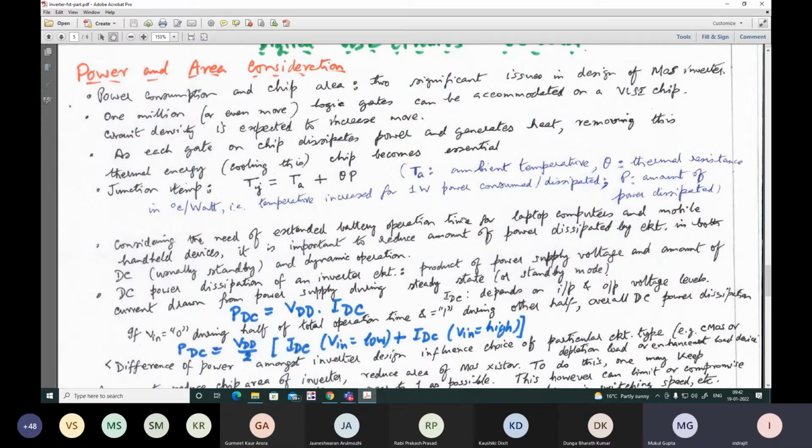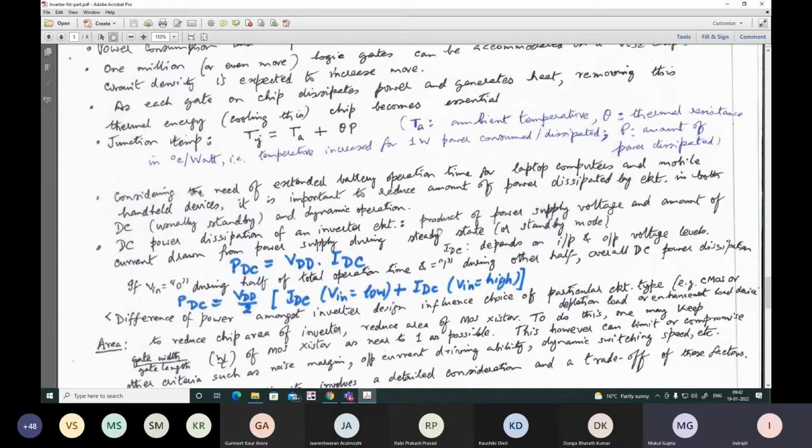Okay. So the DC power dissipation of an inverter circuit is the product of the power supply voltage and the amount of current drawn from the power supply during the steady state or standby mode. That is PDC equal to the product of VDD and IDC. Now IDC depends on the input and output voltage levels.